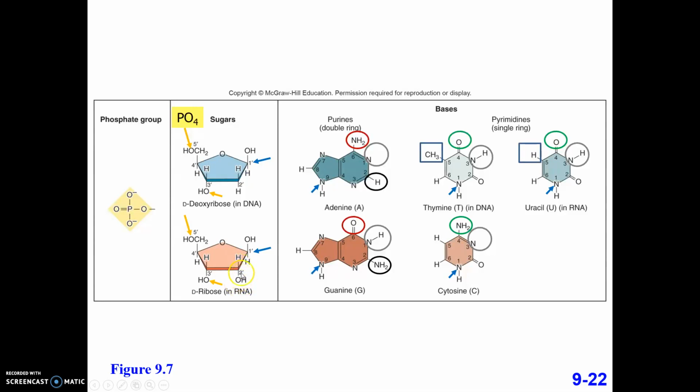For carbohydrates, every carbon is linked to an oxygen, usually in a hydroxyl, but sometimes in a carbonyl. So here we have 1 in a hydroxyl, 2 hydroxyl, 3 hydroxyl, 4 we actually have that carbonyl, so this is forming the ring structure, and then 5 hydroxyl.